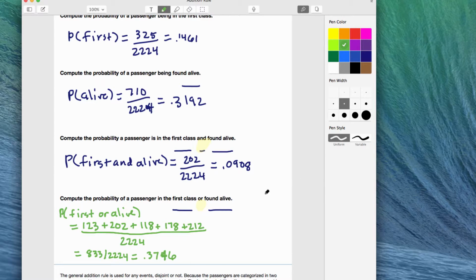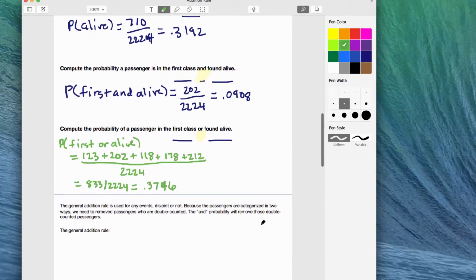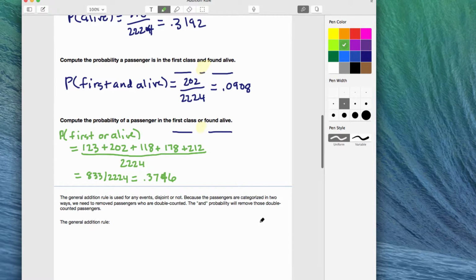Okay, so this is our intuition. We just kind of looked at the numbers, added them all up, divided by the grand total, we found our probability. Well, here's where the addition rule, this general addition rule, comes in. It is used for any event, especially when you have two categories.